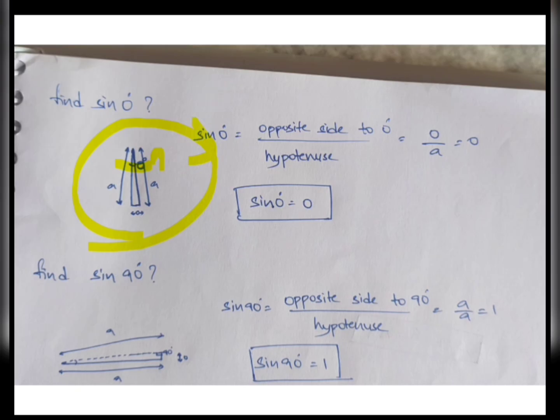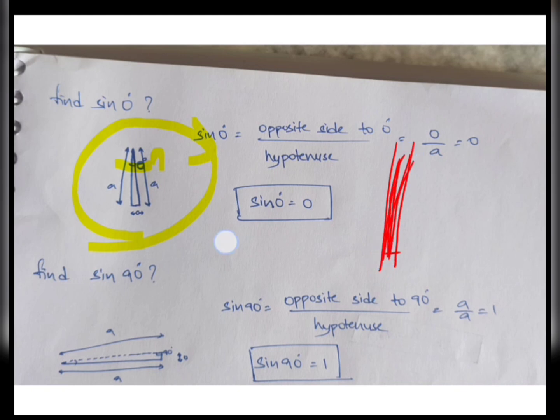But for theta to be 0 degrees, the lines will be like first line and second line, and there will be no gap, there will be no opposite side at all. So opposite side measures 0 centimeters as length. And when these are equal, adjacent side will be equal to hypotenuse, which is A.